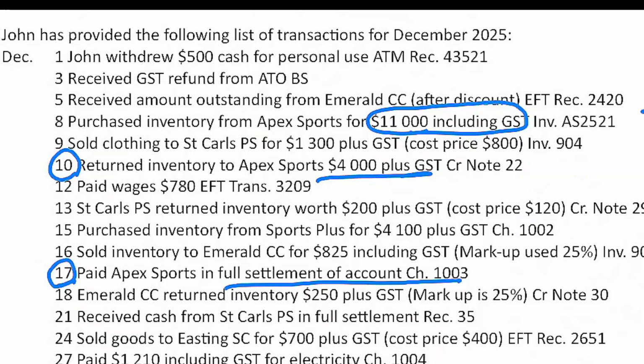I have to subtract. Make sense? Then how much do we owe them? Only the balance, 6,600. Everybody understood it? If you are not sure, please take down the workings and do it.